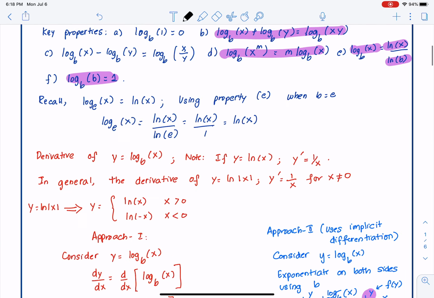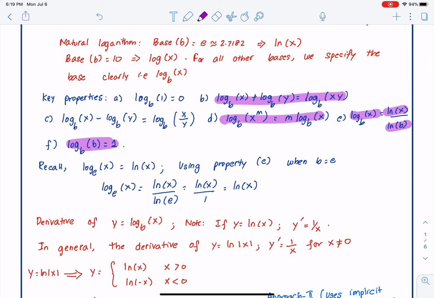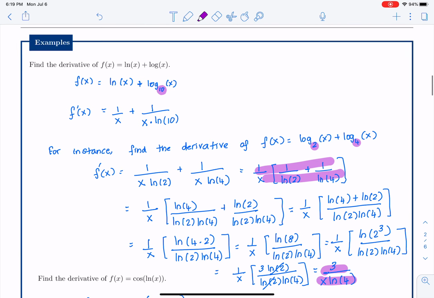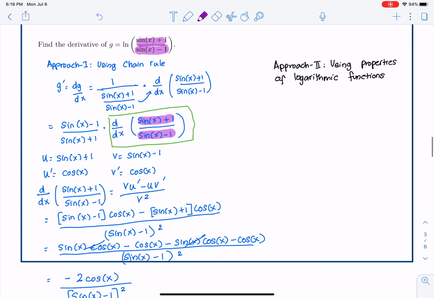Let's go back to the properties. Look at the property that is right over here. X over y, I could split it up and write it as the numerator logarithm minus the denominator logarithm. So g is simply ln sine x plus 1 minus ln sine x minus 1.